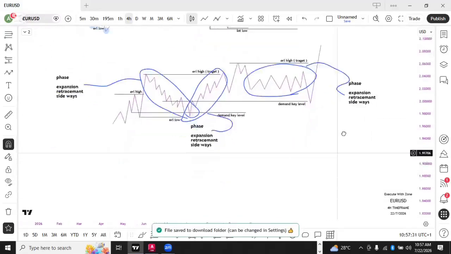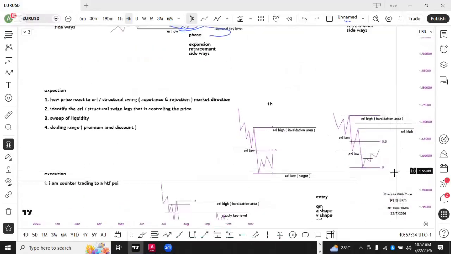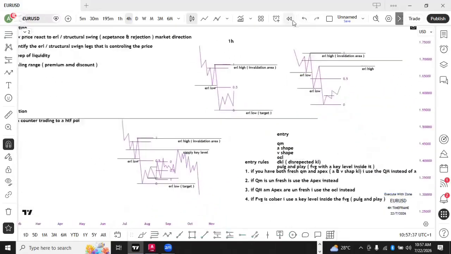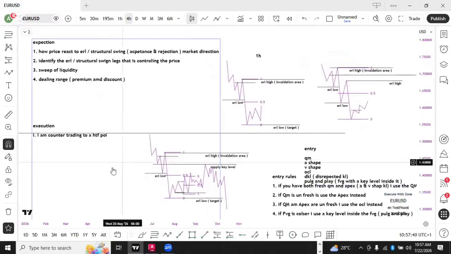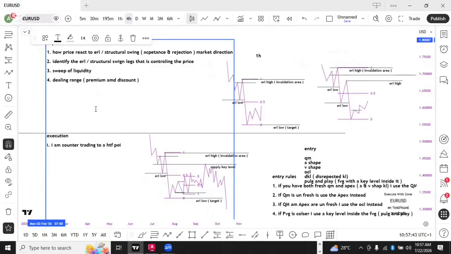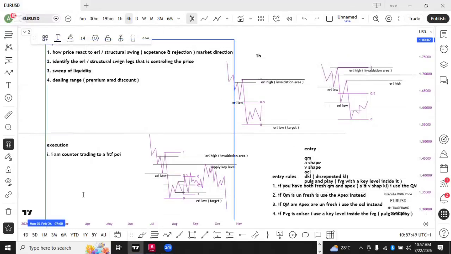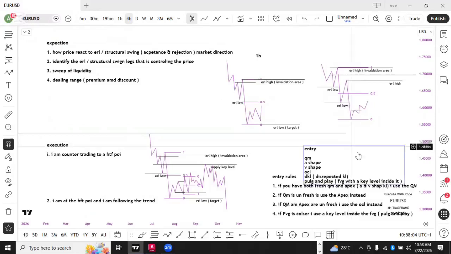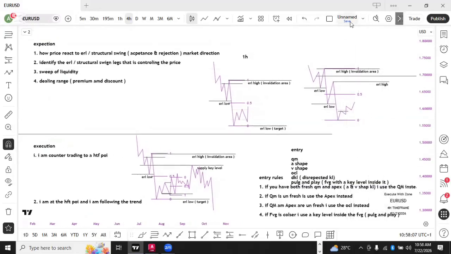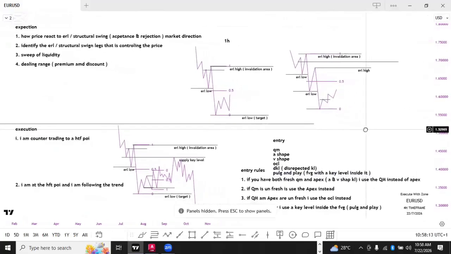We talk about the phase of the market. Then after that, it now brings us to knowing what I call expectation and execution.